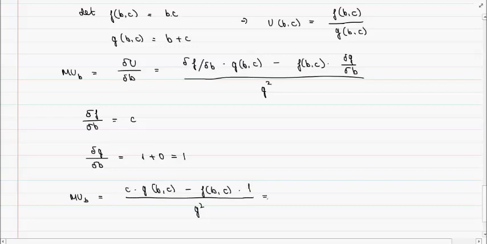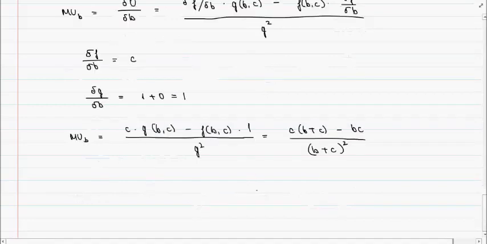Knowing the values of the functions g and f, we just substitute back. So g is equal to b plus c, minus 1 times f, and f is just b times c, and everything divided by g squared, which is b plus c, everything squared. Alright, so that is our marginal utility of b.